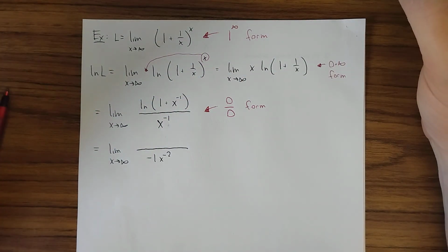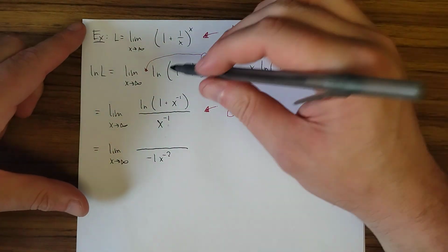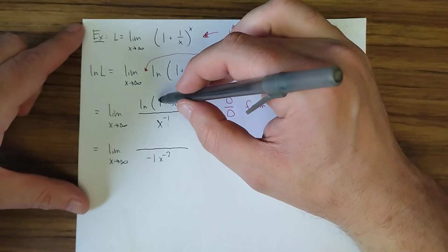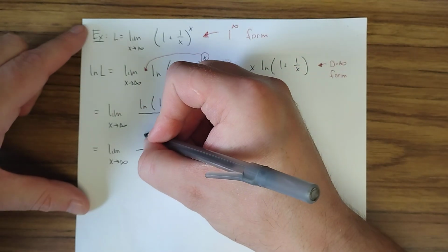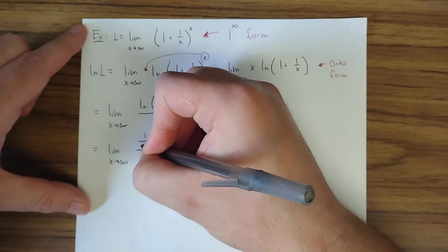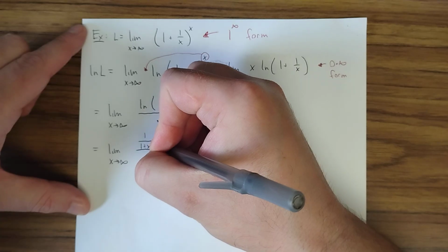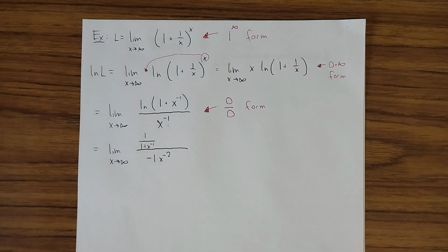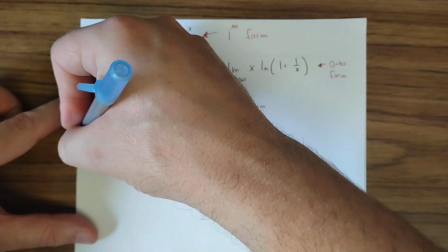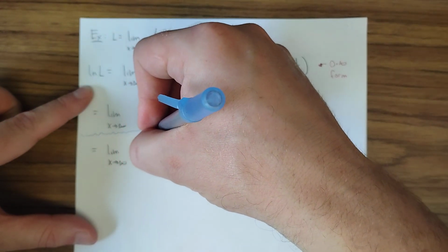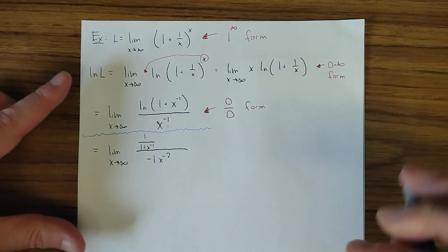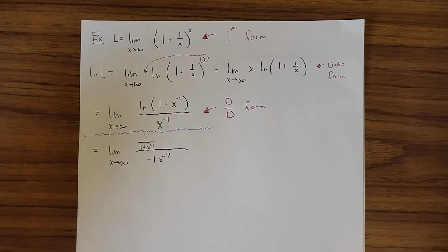Okay, derivative of the top. I need the chain rule. So the derivative of natural log is 1 over x. I'm going to do 1 over that. And sorry, let me just make some space in between this line and the next line, just so it's clear what's going on.